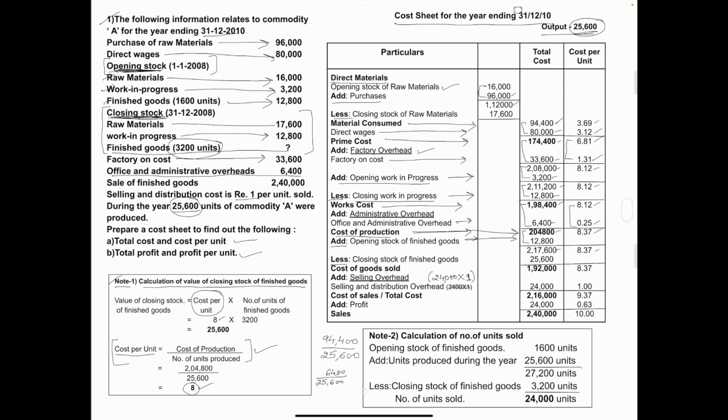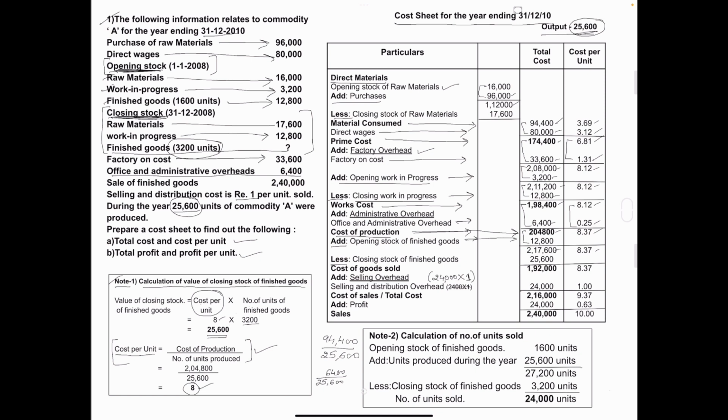Okay, we have to write the quantity. Cost per unit is 8, just now we have calculated, and the number of units of finished goods is 3,200 units. Now multiply 8 into 3,200, you will get 25,600, and this is the value of closing stock of finished goods.